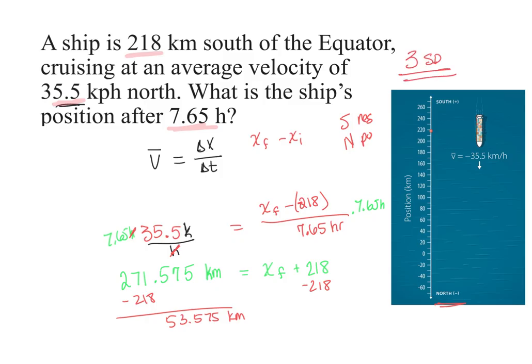So because we were multiplying and dividing here, we want to make sure that we do that correctly. And we have three significant digits, which means we need one, two, three significant digits because this is our last one. We're going to look here and we want to say 53.6 kilometers because it's positive. I'm going to say north of the equator.